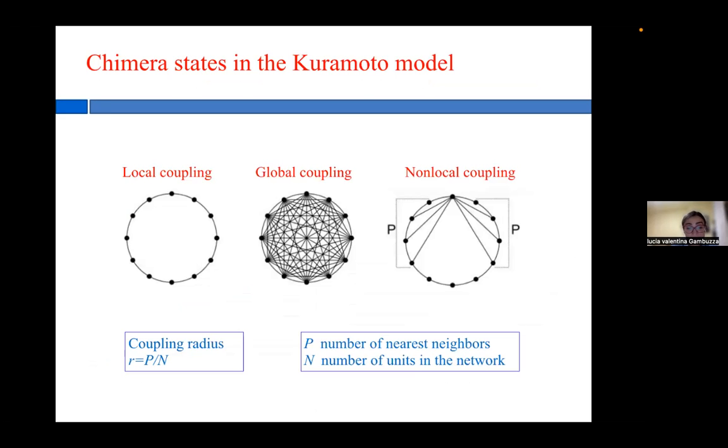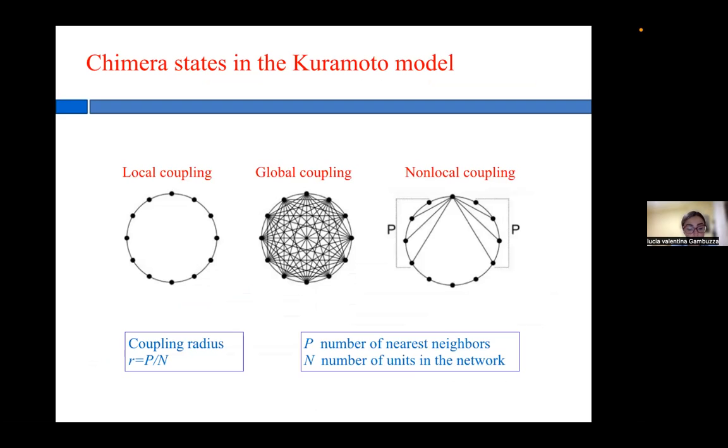The setting for the onset of chimera states is a particular setting, and we start from a ring. So each unit is connected to another unit and so on.